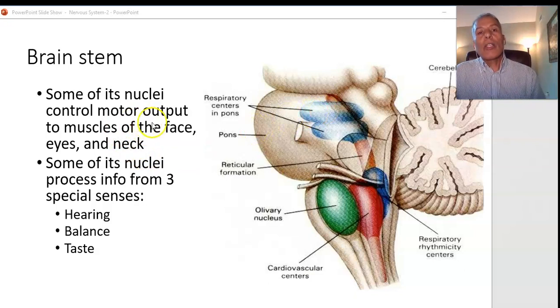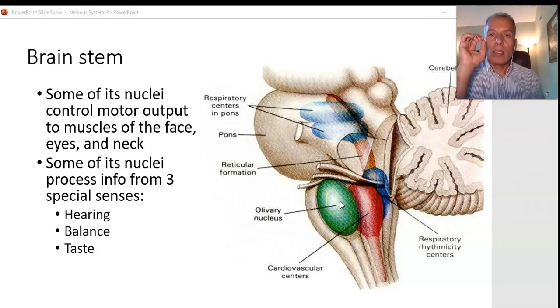So generally, the brainstem also has nuclei, clusters, centers of gray matter, in other words cell bodies, that are deep there, and they control various functions.